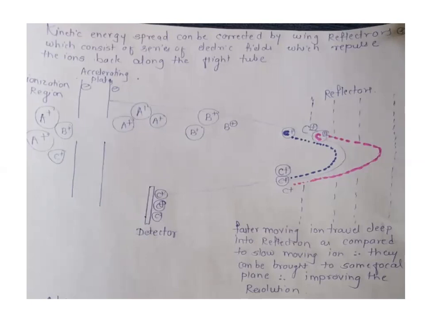Now the ultimate result is that all of those ions are going to reach the detector at the same time, which is desired, wherein better resolution can be achieved. So in modern time of flight instruments, we are using reflectrons, and with the help of those reflectrons, the resolution of the instrument is much more improved.